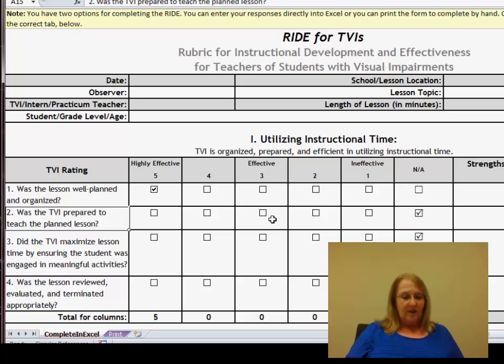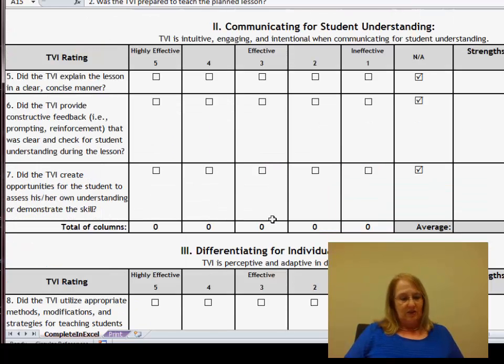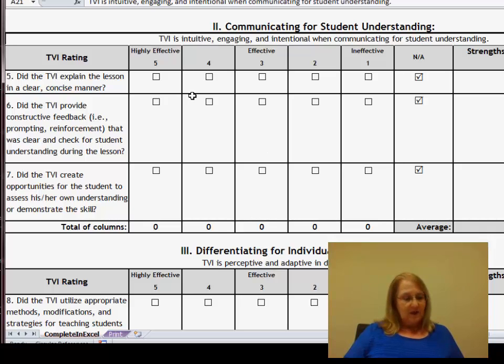Let's go on to the second section, which was communicating for student understanding. And you would do the same process for each question. Communicating for student understanding, the indicator is that the TVI is intuitive, engaging, and intentional in communicating for student understanding. So one of the questions said, did the TVI explain the lesson in a clear, concise manner?